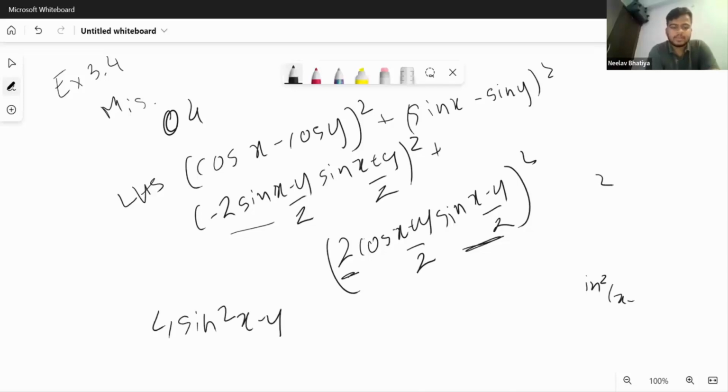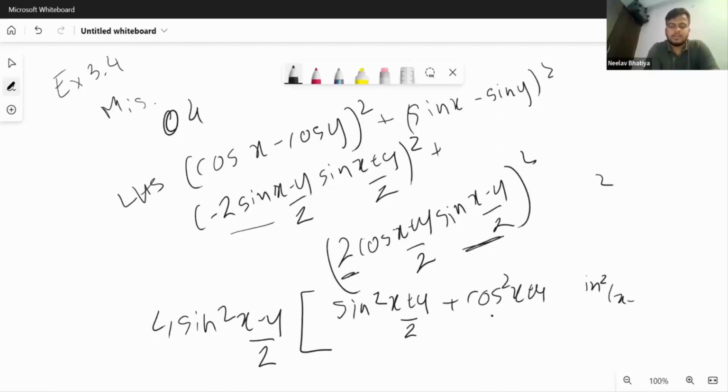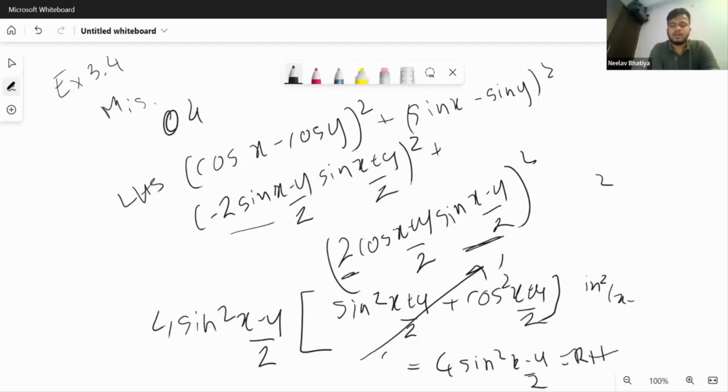I've taken this out common, so what I'm left with here is sine square (x plus y) by 2 plus cos square (x plus y) by 2. Correct? Again, this is an identity, turns out to be 1, and what we finally get is 4 times sine square (x minus y) by 2, that is equal to our RHS as well.